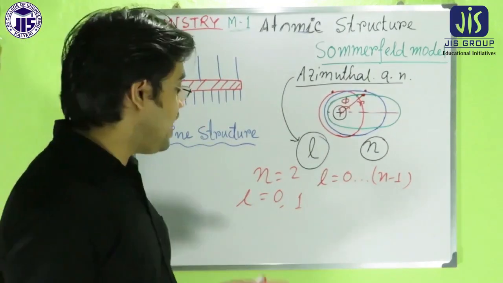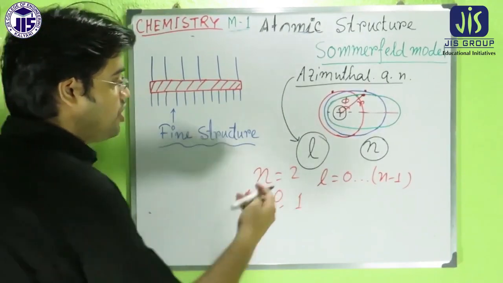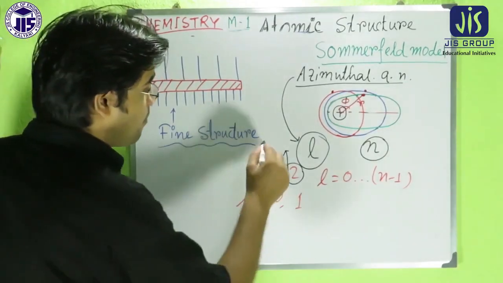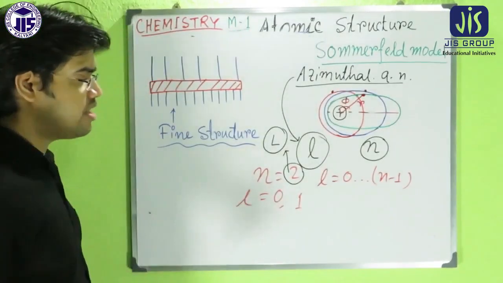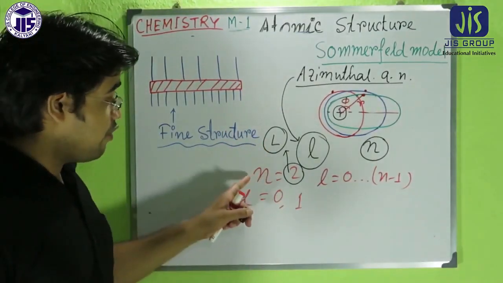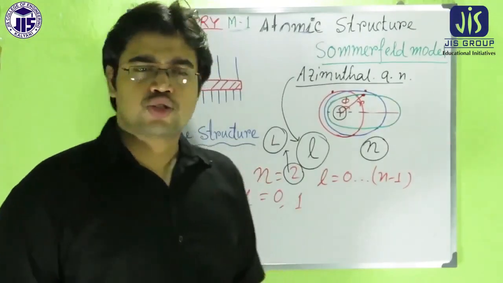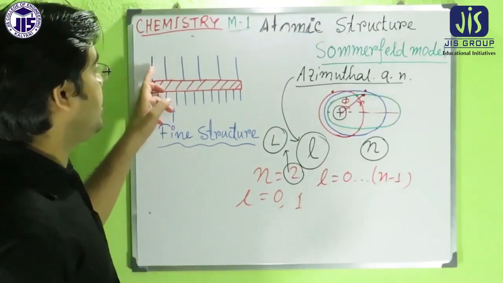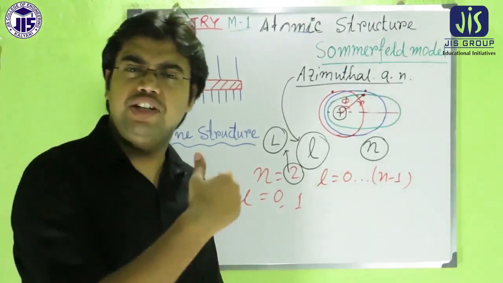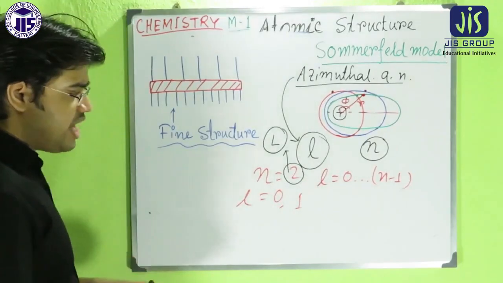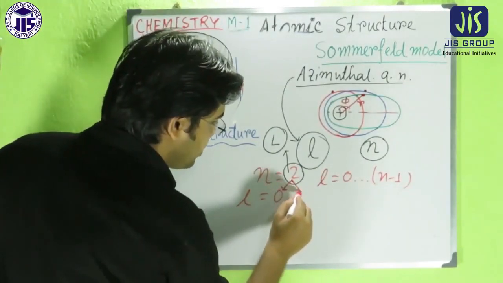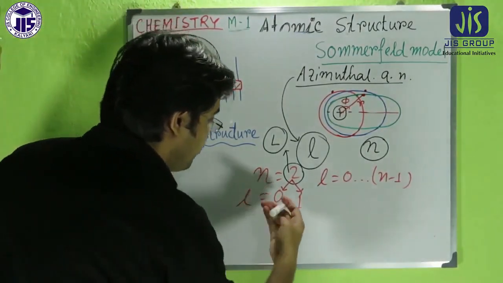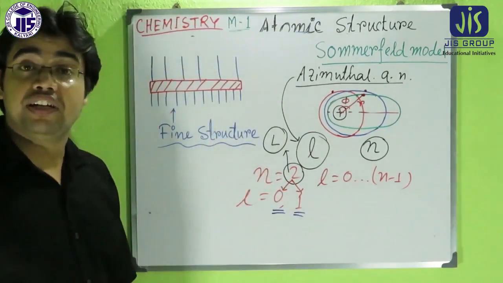Now, if L is equal to 0 and 1, we already discussed the meaning of the 2: it is a particular shell or orbit that was named by the L. For n equal to 1 that was the K, and for n equal to 2 that was the L. So if one line is generated for that particular energy level, it is expected that it will be split into two lines, because 0 and 1 are the subshells of that particular shell.